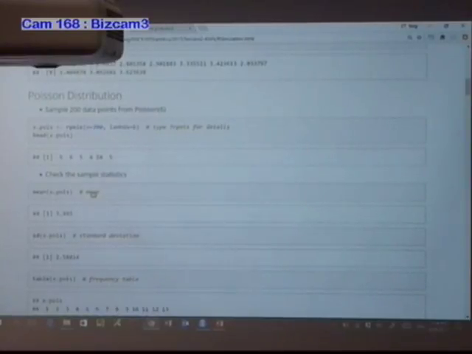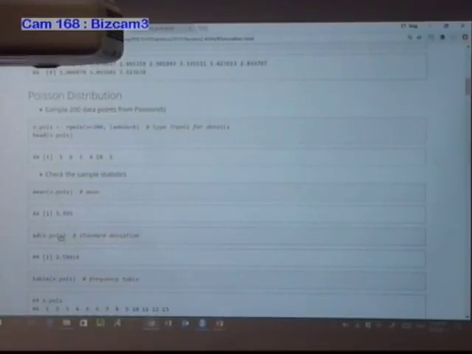Here I'm just showing, this is not necessary for simulation, just to show: if we have 200 points and R claims these 200 points are drawn from this Poisson distribution, can we trust R? We can do some quick statistics. On average, what's the mean of these 200 numbers? Theoretically it should be 6, and we just double check.